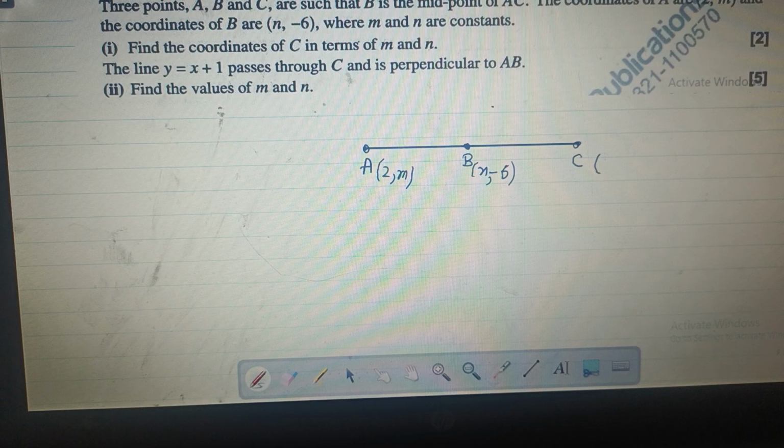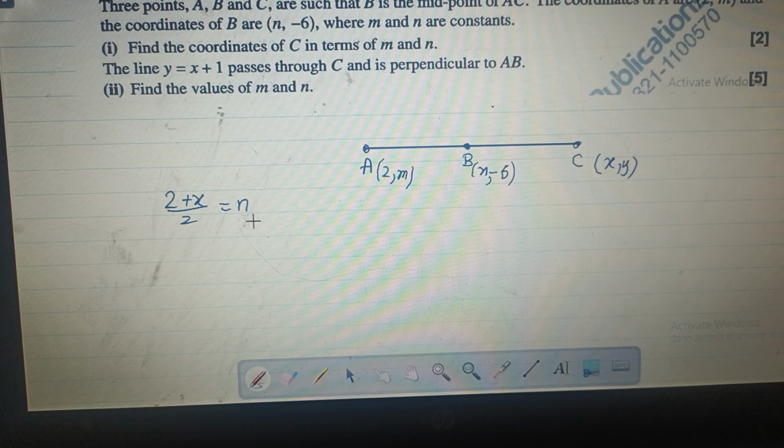So I'm taking here C as (x, y), and I know about the midpoint formula. From A to C it will be (2 plus x) over 2, and that is equal to the x of this B, that is n.